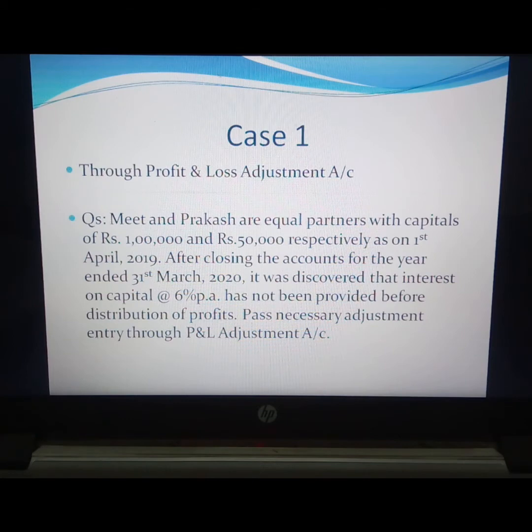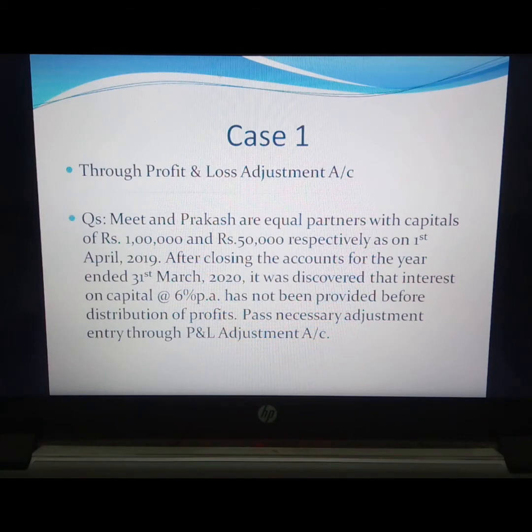Okay, so since accountancy is all about examples, we'll discuss the first case as well as the second one through a good example. Take the case number 1, which is through profit and loss adjustment account. Now read the question carefully. Meet and Prakash are equal partners with capitals of rupees 1 lakh and rupees 50,000 respectively as on 1st April 2019.